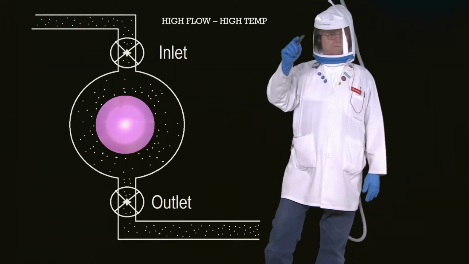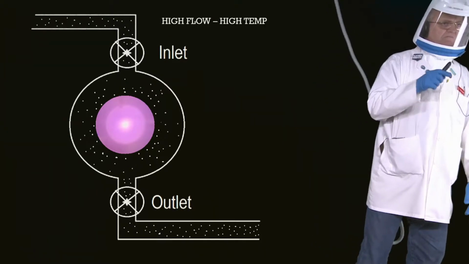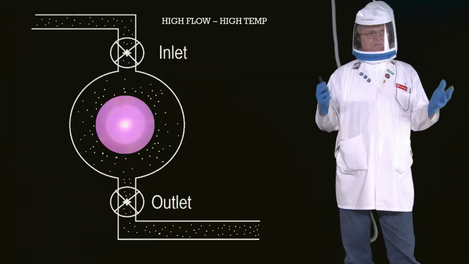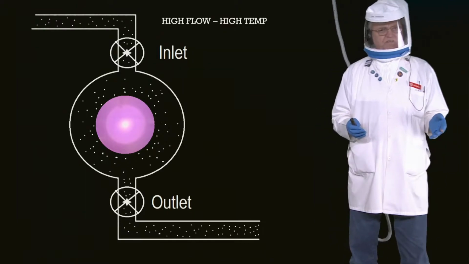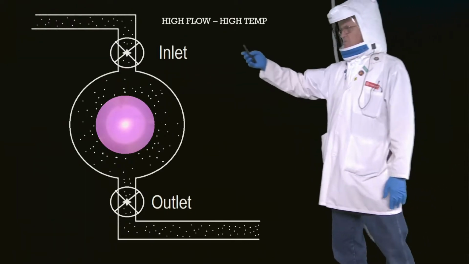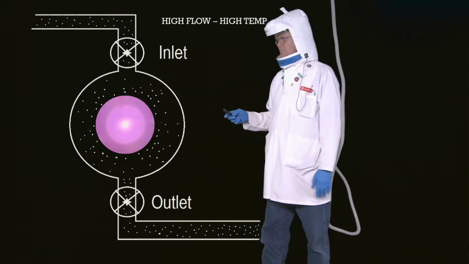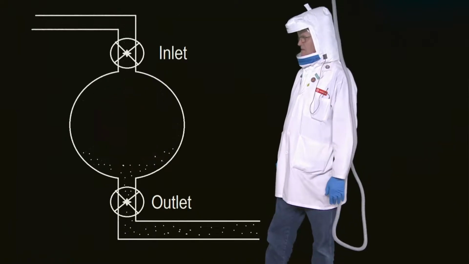No, because that high temp is still knocking ions off of metal. That high temp is causing metal to vaporize, and so you're going to be seeing a lot more contaminants than you would be ordinarily.